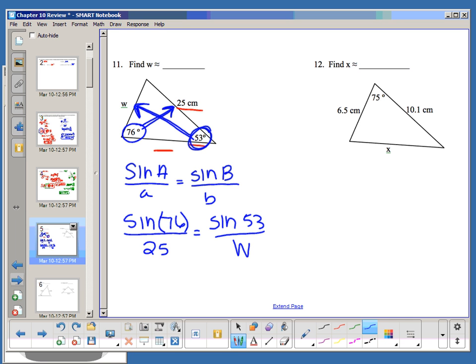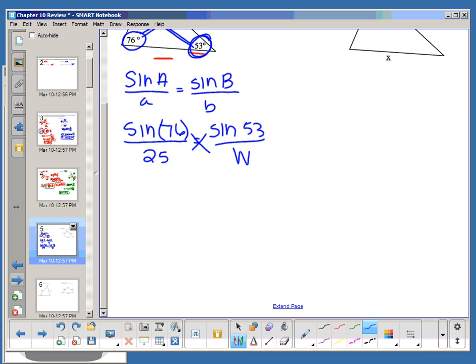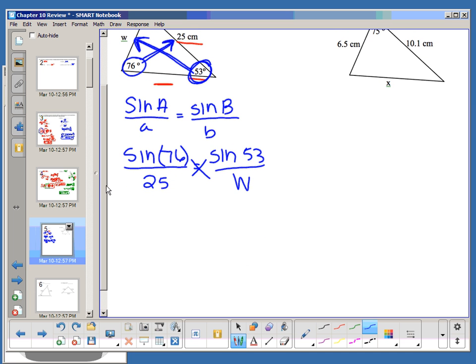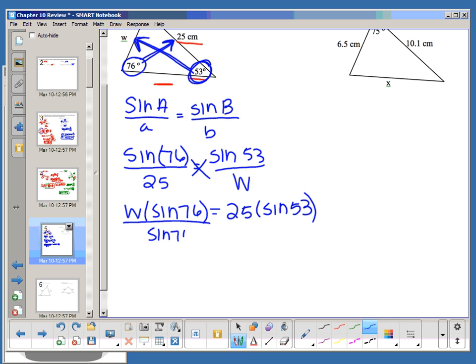And now we have a proportion that we can cross multiply and solve with. So when I cross multiply, I get w times the sine of 76 equals 25 times the sine of 53. That's just going to be a number, and the sine of 76 is a number. So I'm going to divide both sides by that.